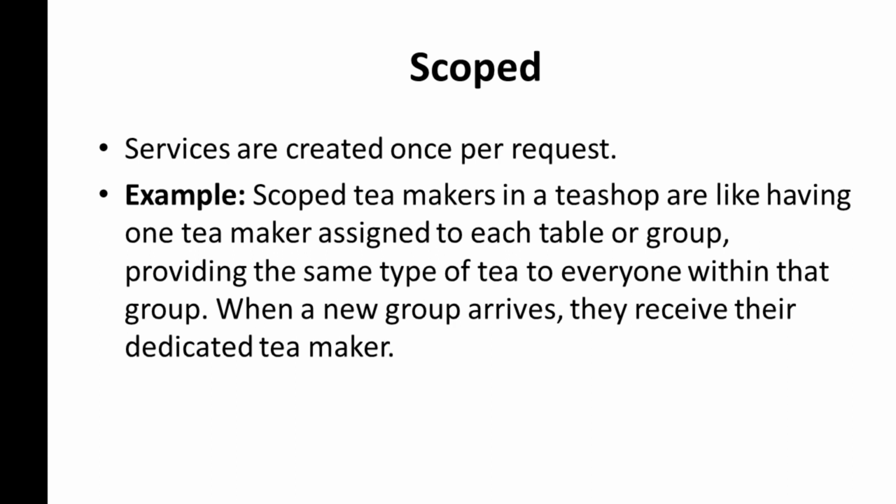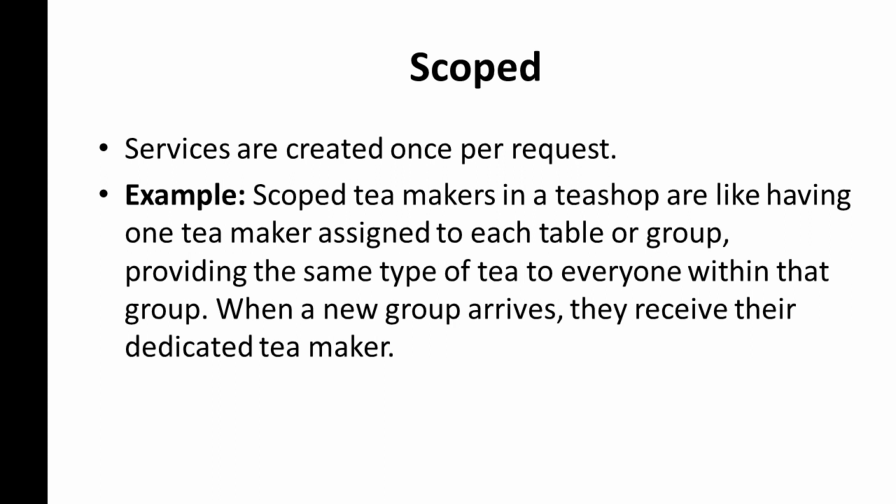Whenever they ask for tea, that tea maker will provide the same tea to that group of people, and whenever a new group arrives, they will assign a new tea maker, and that group will get some different tea. So it's created once per request.